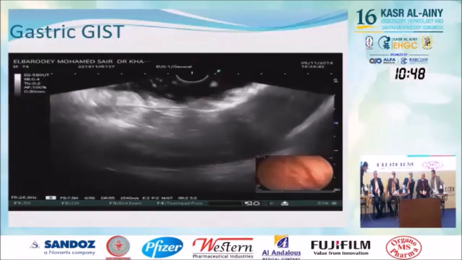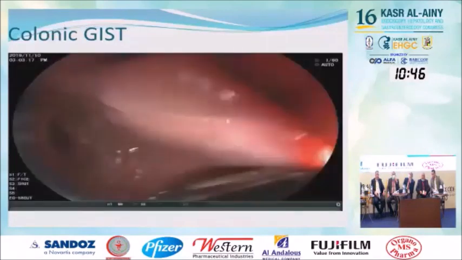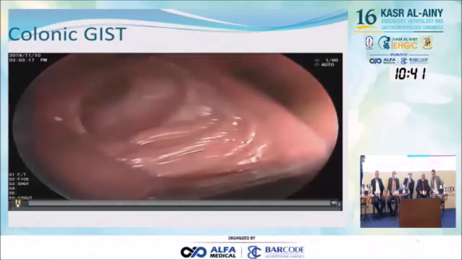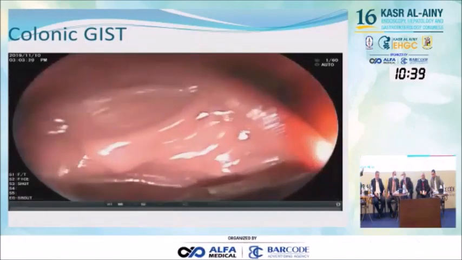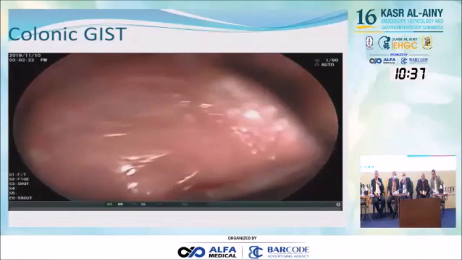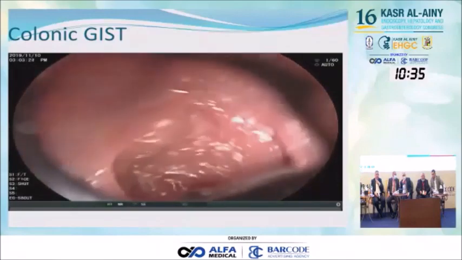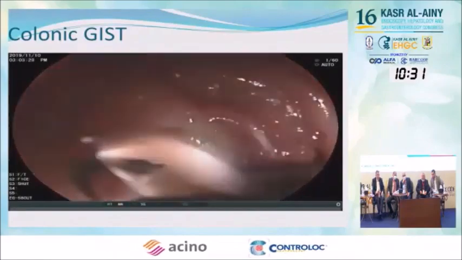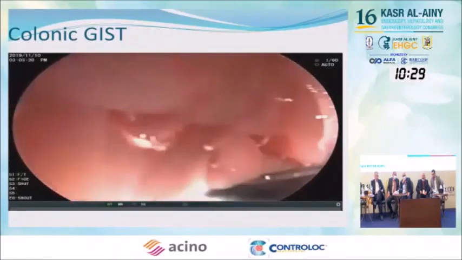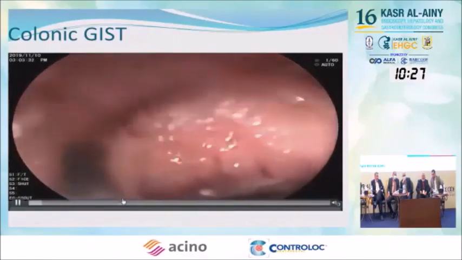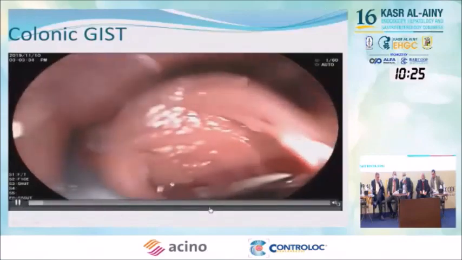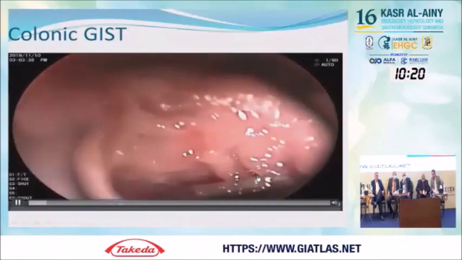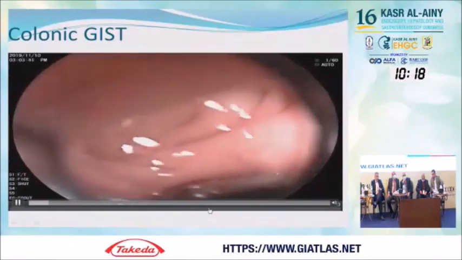One of the lessons I want to give you today is that you can also use EUS for subepithelial tumors in the colon. It is one of our cases, and it shows that with caution you can use linear endoscopic ultrasound, not forward-viewing or radial, for examining the left side colon, especially the sigmoid and distal descending colon.